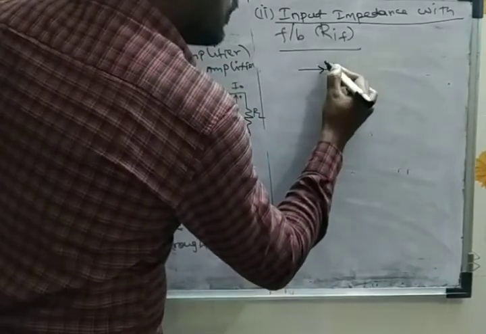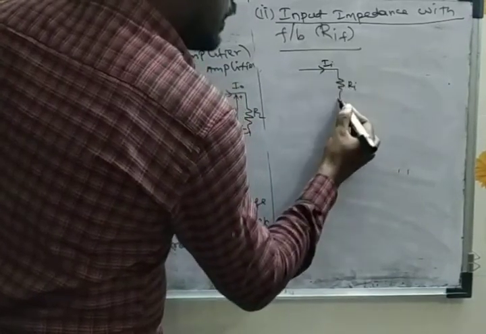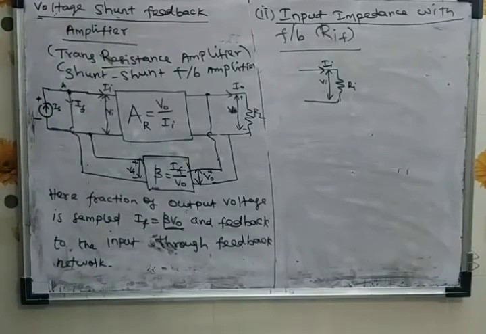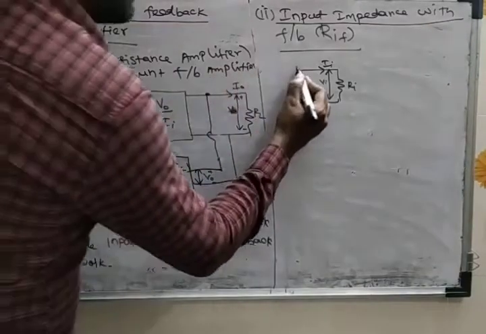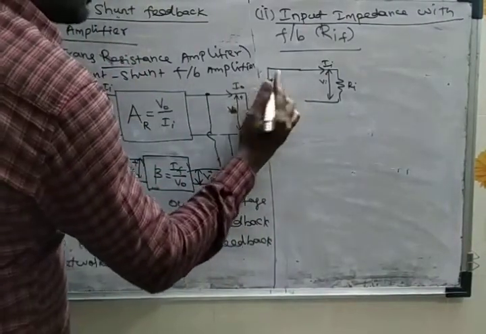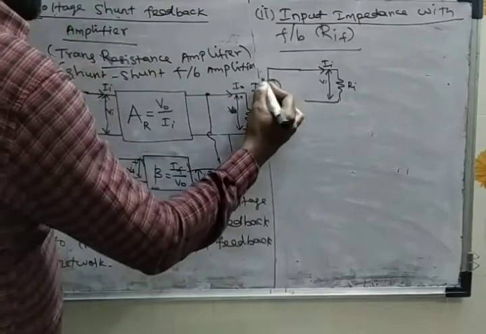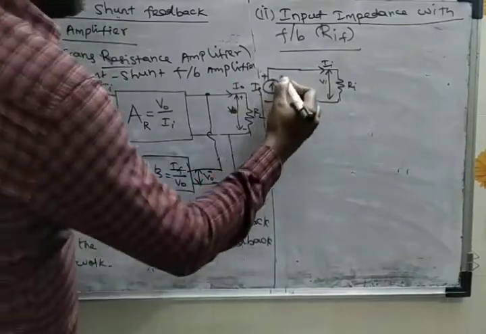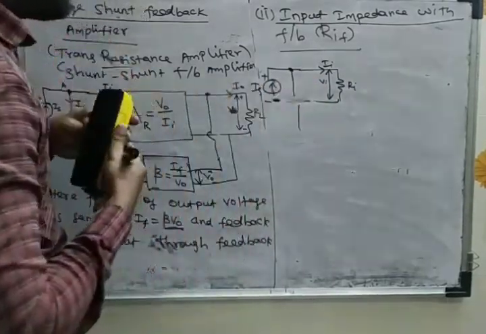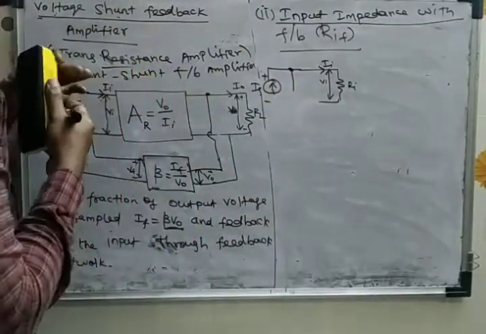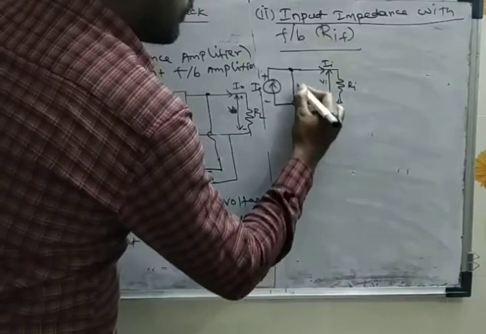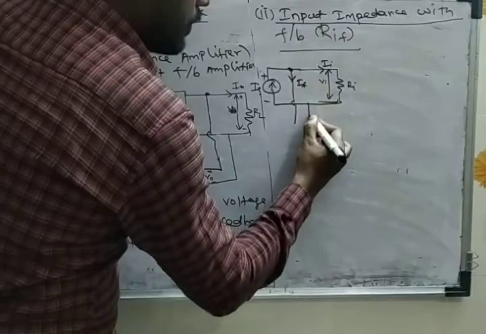The current flowing through Ri is Ia and the voltage across Ri is Va. Next you have Is here, and here you have feedback and IF.